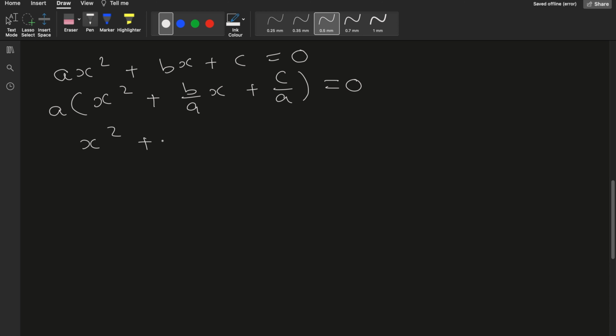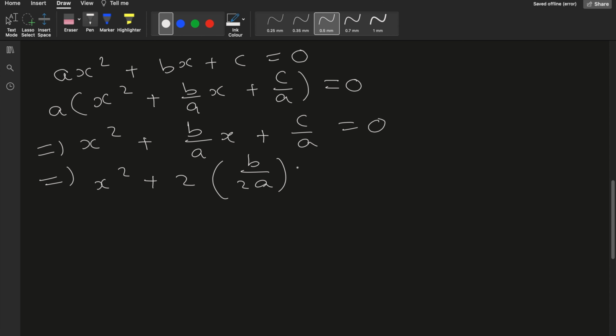So we would get b divided by 2a x plus c divided by a equals 0.